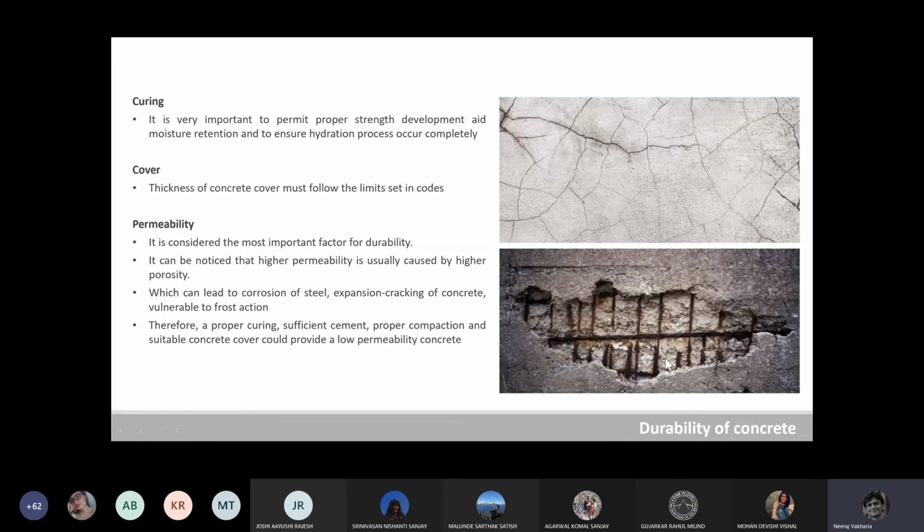This is very common in concrete buildings in Mumbai which are not taken care of during construction, in 15 to 20-year-old buildings, which shouldn't happen if the method is properly followed. So proper curing, sufficient cement, proper compaction, and suitable concrete cover could provide a low permeability concrete.